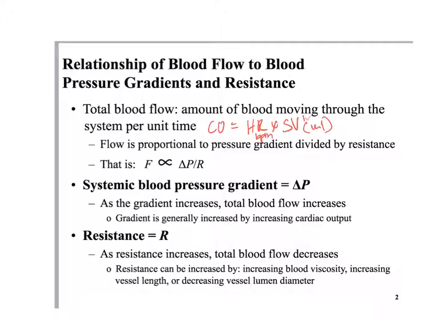So this is beats per mil, so you can cross out beats. And cardiac output ends up being mils per minute. Last time I checked, that's the amount of blood moving through the system, the heart, per unit time. So total blood flow is directly related to cardiac output. Okay?